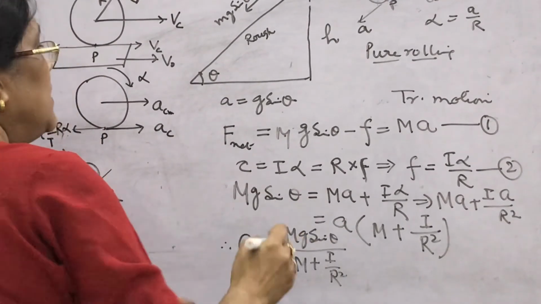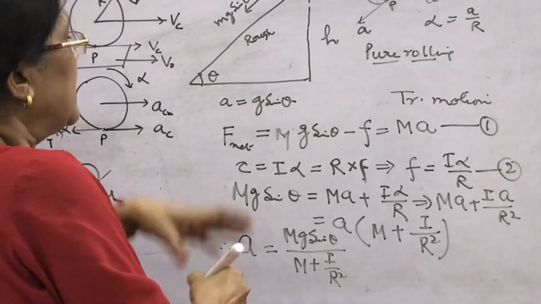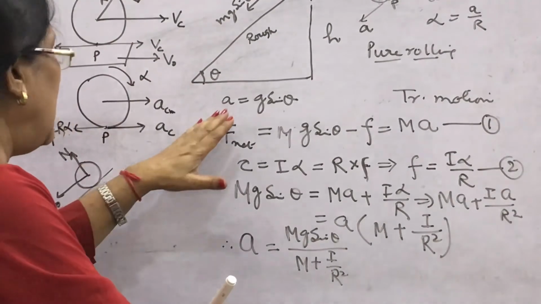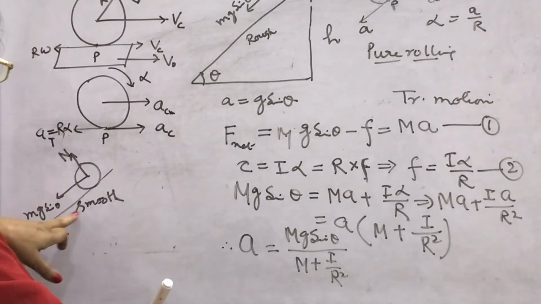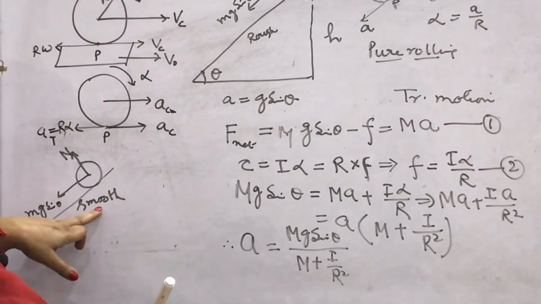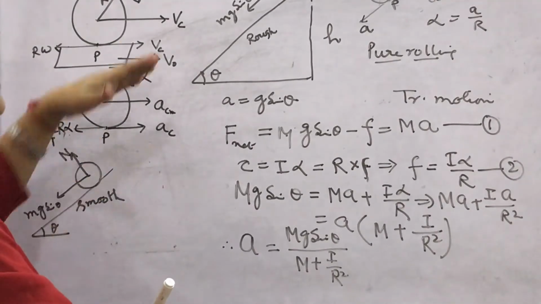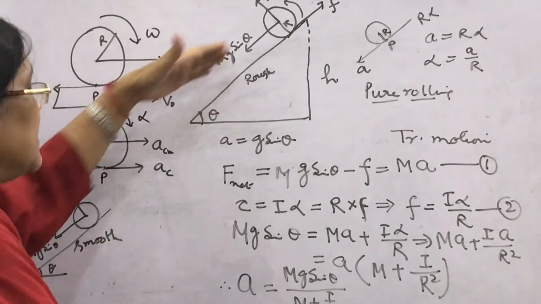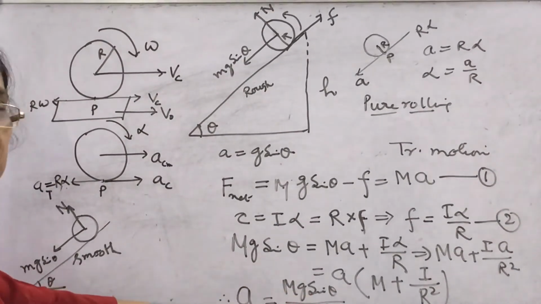And look here that acceleration is not g sine theta as we have discussed for the smooth plane. Here friction is existing and acceleration in the downward direction is less than g sine theta.